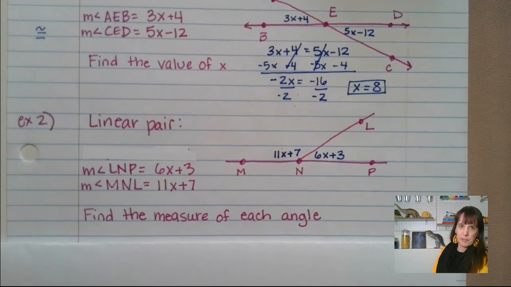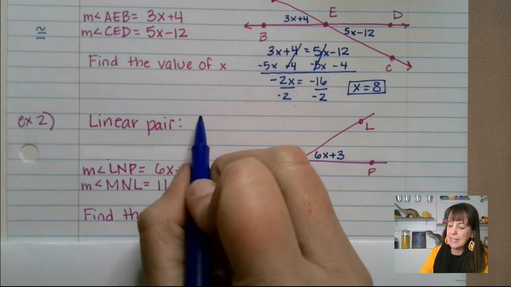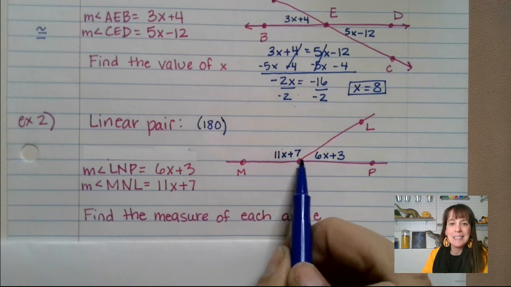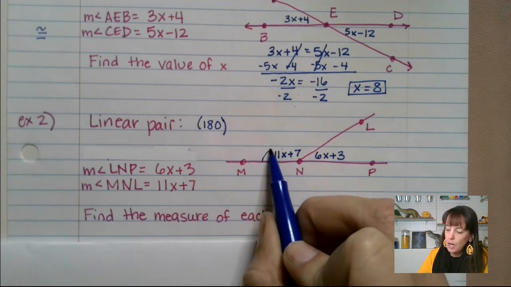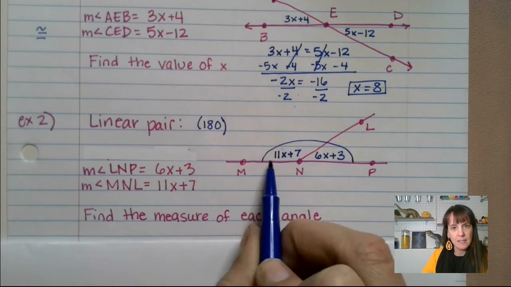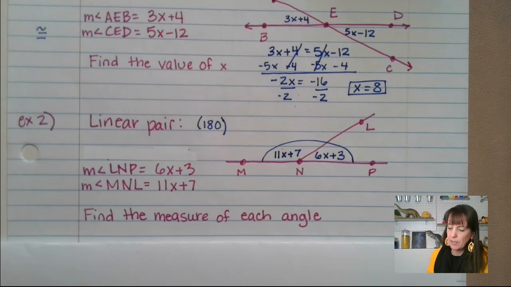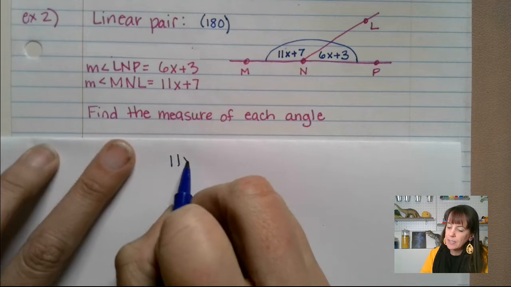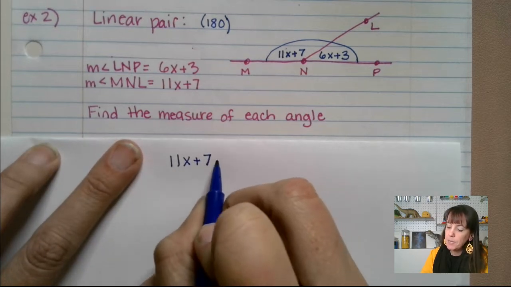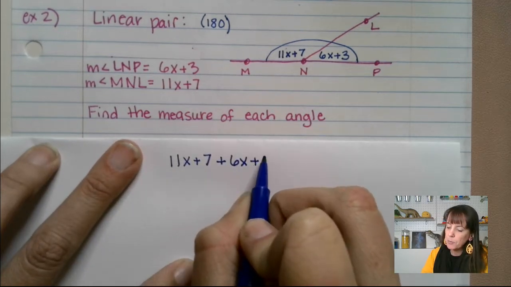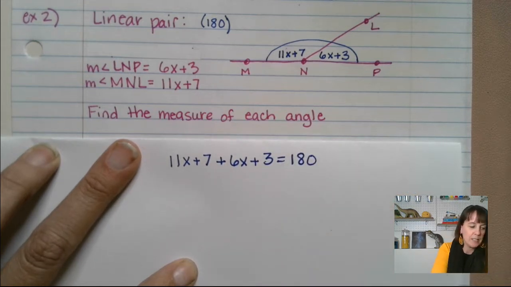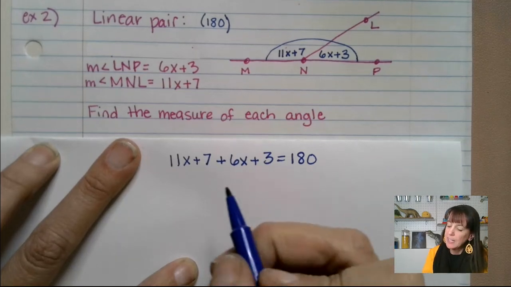That's not going to work for this, because a linear pair means 180 degrees. So these, when added together, are going to total 180 degrees because it's a line, or a half circle, if you want to think of it that way. So the way that we would write that is 11x plus 7 plus 6x plus 3 equals 180.